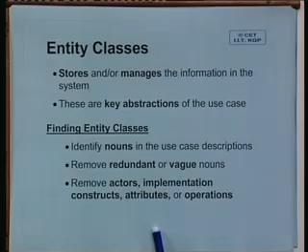Basically, identify nouns in the use case descriptions; this is where the use case description comes in. Remove redundant or vague nouns. Remove the actors, implementations, constructs, attributes or operations.